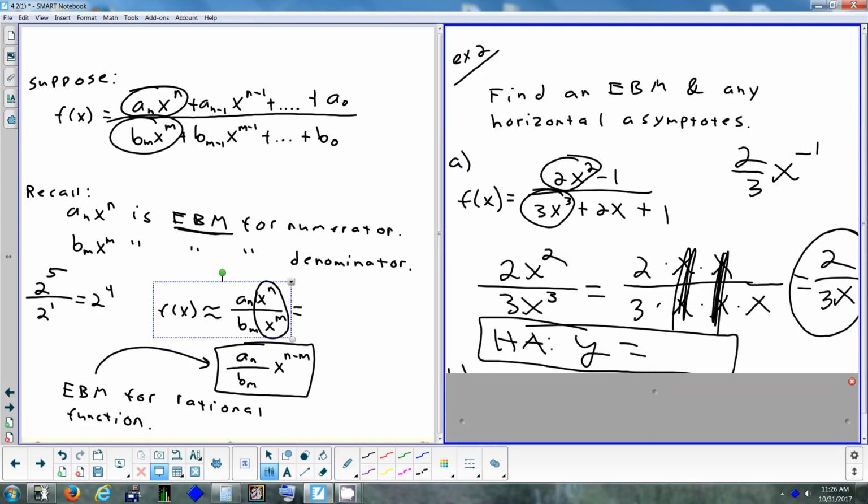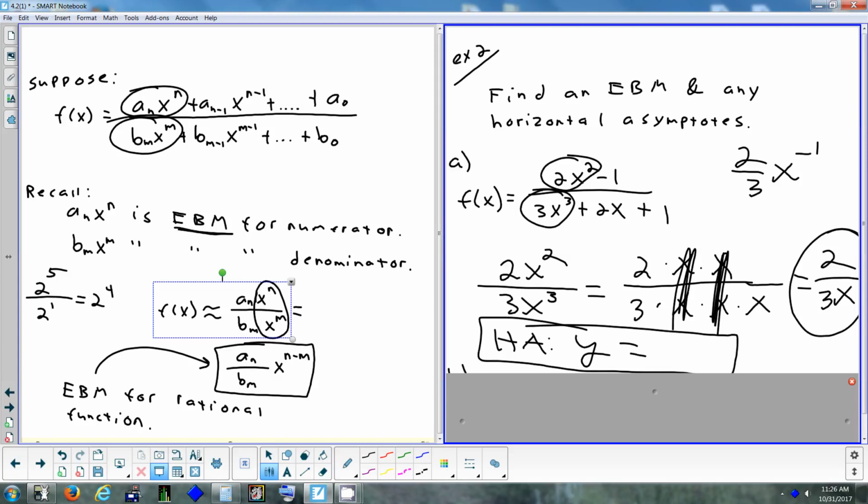All this stuff of like minusing 1 and plus 1, those are just little details that if x is approaching a huge number, like if x is 1,000,000, and you square it and then double it, or you take 1,000,000, square it, double it, and subtract 1, there's not really a big difference. Subtracting 1 from a number that big, it almost doesn't even matter. So just look at your EBM and let x get really, really big.